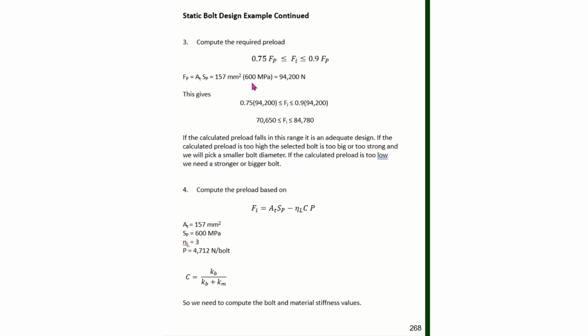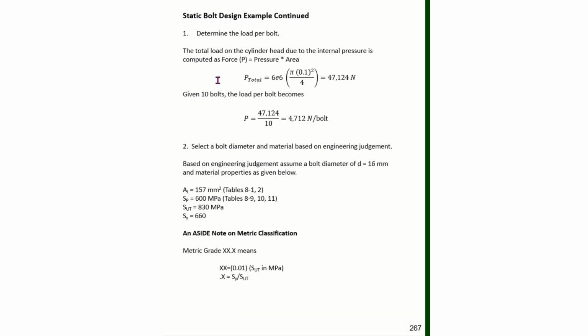So we're going to compute the required preload now, and to do that we need to get the proof load, and the proof load is given by the tensile stress area times S_P, the proof strength. We know the A_T because we looked it up, and we can get the proof strength by looking it up from tables 8, 9, 10, and 11, or we could take 85% of 660 and also get an approximate value.